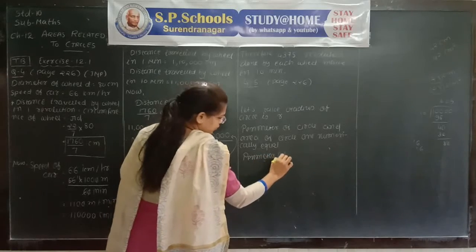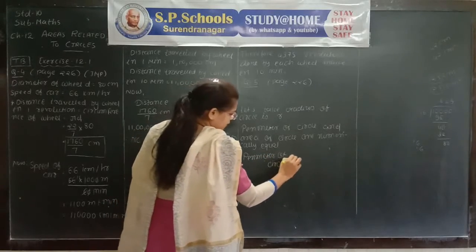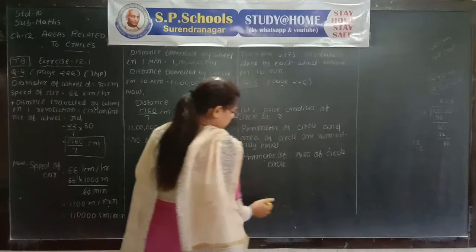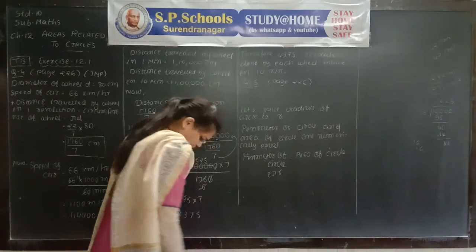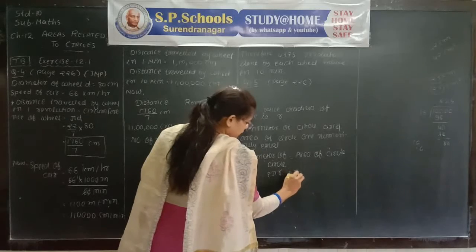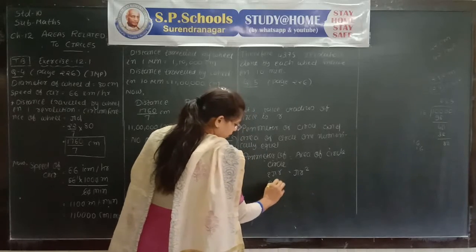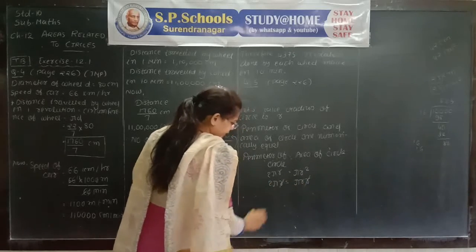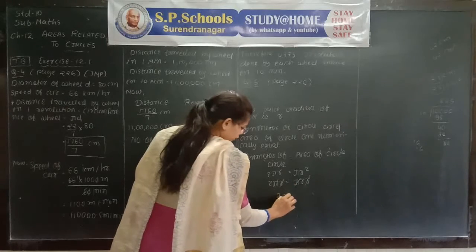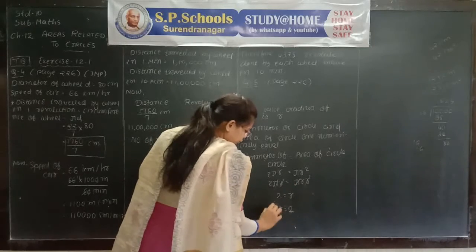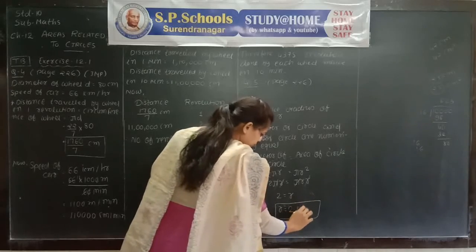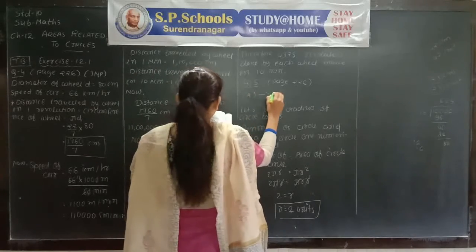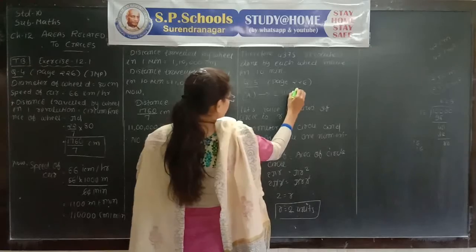Perimeter of circle is equal to area of circle. The perimeter of the circle is 2 pi r, and the area of the circle is pi r square. 2 pi r remains as it is, pi r square is written as pi r into r. r cuts, pi cuts. We get 2 is equal to r, then r is equal to 2 units. See the options. Option A is our correct answer, which is 2 units.